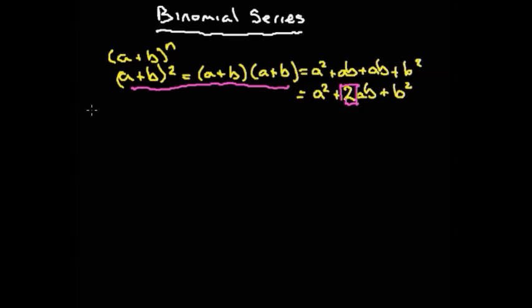So let's try another one. Let's do it in a different colour, just for fun. I'm going to come right over to the side, as I'm going to need a little bit more space, and let's do a plus b cubed. Now I'm going to write this out in full, but you should already know this is going to be a plus b times a plus b times a plus b.